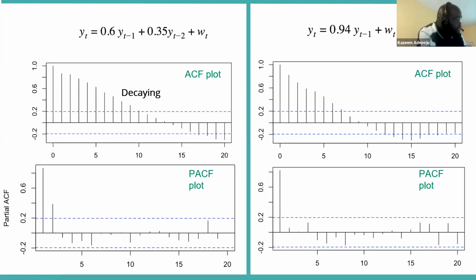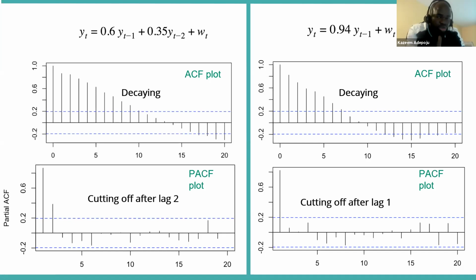When something is decaying and going down to 0, that is evidence of an autoregressive model. Because I told you the other time that we have a series of models in time series: the autoregressive model, the moving average model, the autoregressive moving average model, the autoregressive integrated moving average model, and so on.